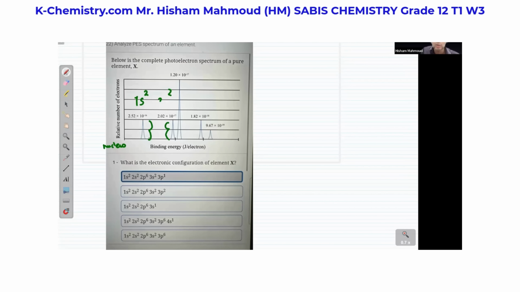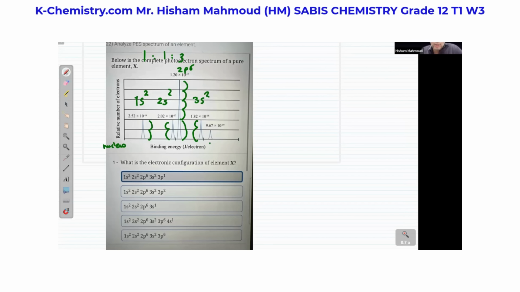Here, 2 electrons. So that must be 2s. 1, 2, 3, 4, 5, 6. The ratio is 1 to 1 to 3. So that's 2p6. It doesn't take much smartness to know that this is 3s2.